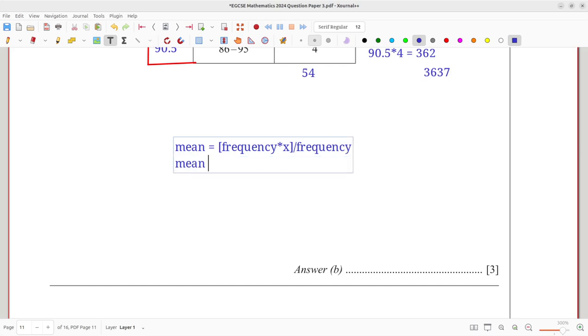So the mean is now equal to 3637 all over 54.